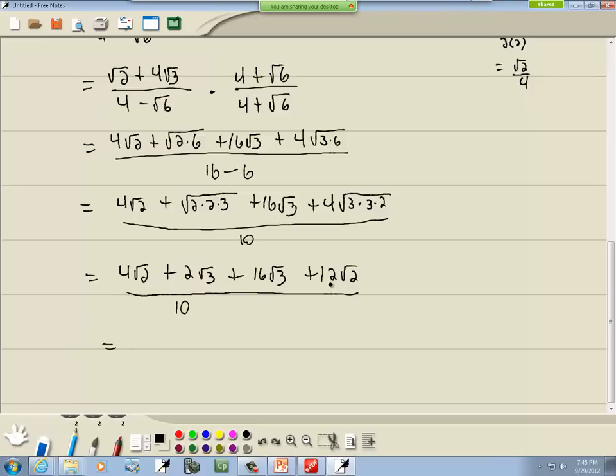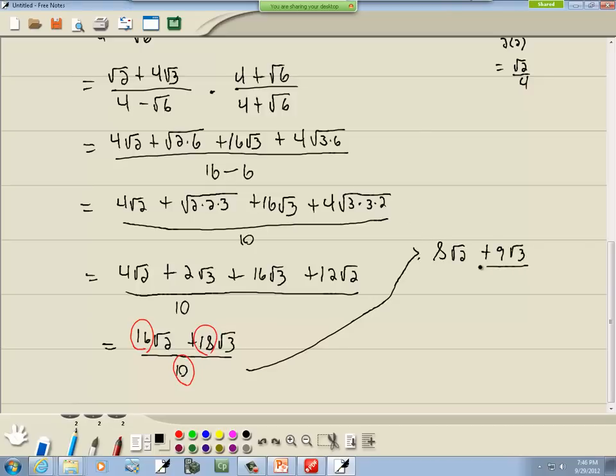Well, 4 square root of 2 plus 12 square root of 2 is 16 square root of 2. 2 square root of 3 plus 16 square root of 3 is 18 square root of 3 over 10. Remember from college algebra, if you can divide this number and this number, and they're both divisible by at least 2, so that gives 8 square root of 2 plus 9 square root of 3 over 5.